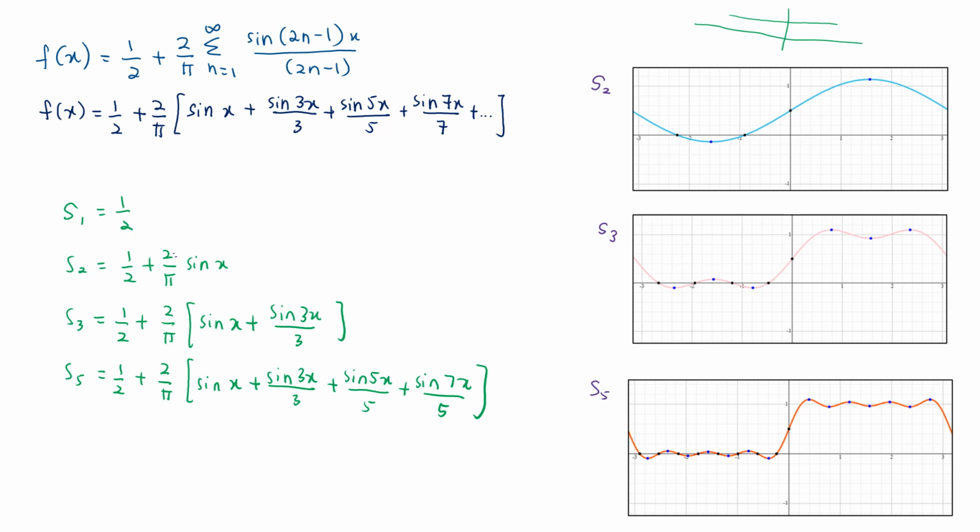Okay, because as you know, this is a piecewise function of f(x) equal to 0 from minus pi to 0, and 1 from 0 up to pi. So from here we can get the Fourier series of this function, and we can say that a Fourier series can also represent a non-trigonometric function.